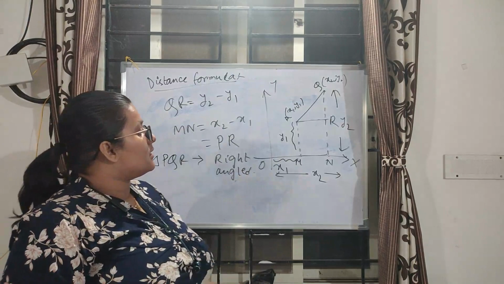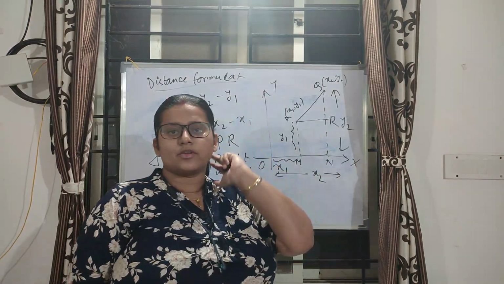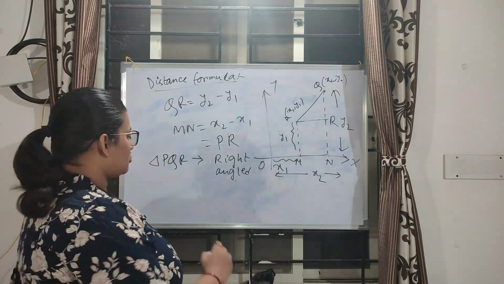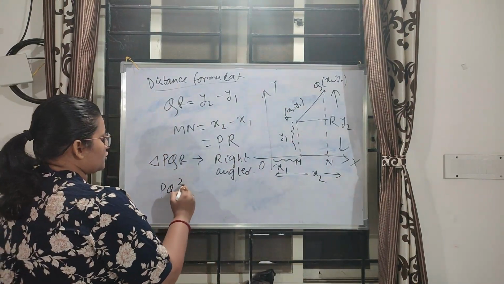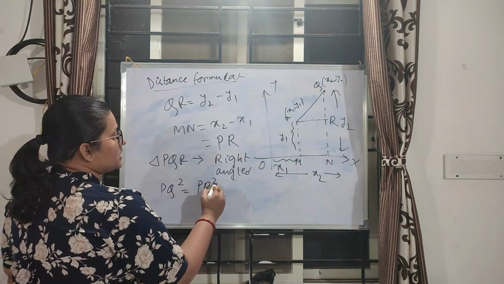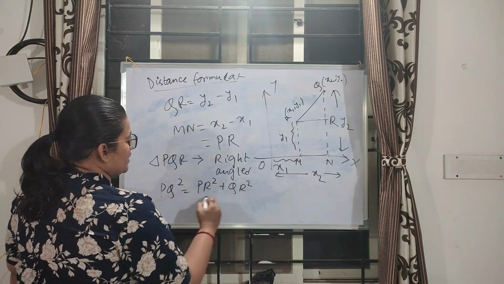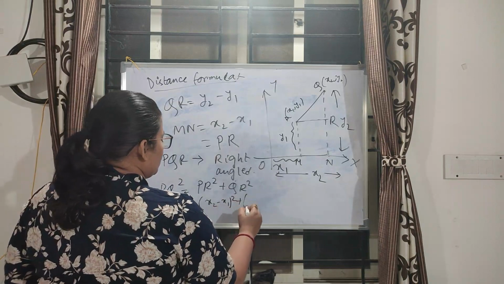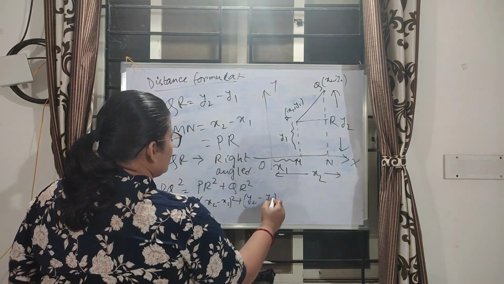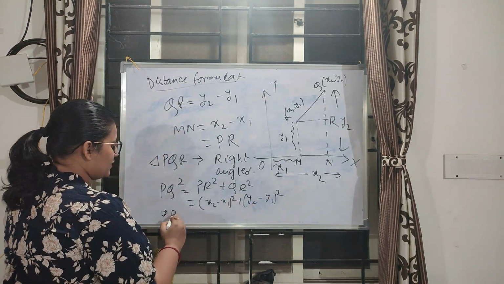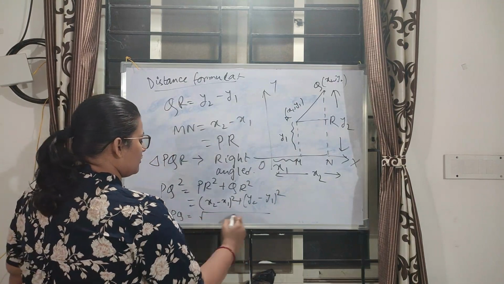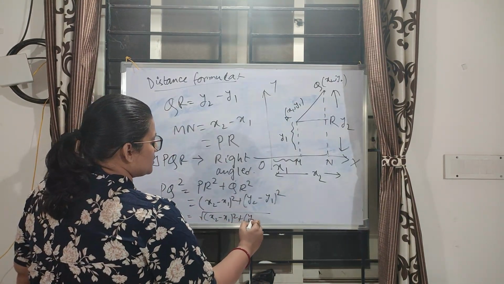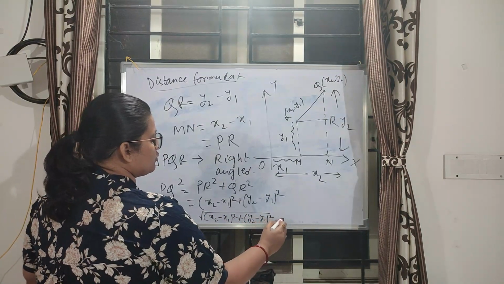Okay, so we know the Pythagoras theorem. We will use it to find PQ. So PQ square is equal to PR square plus QR square. That means (x2 minus x1) whole square plus (y2 minus y1) whole square. So PQ will be the square root of (x2 minus x1) whole square plus (y2 minus y1) whole square.